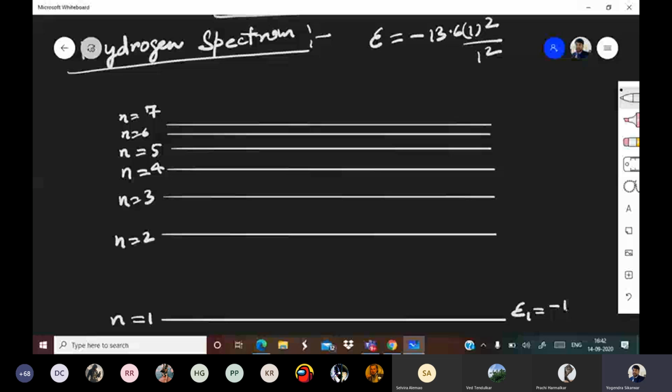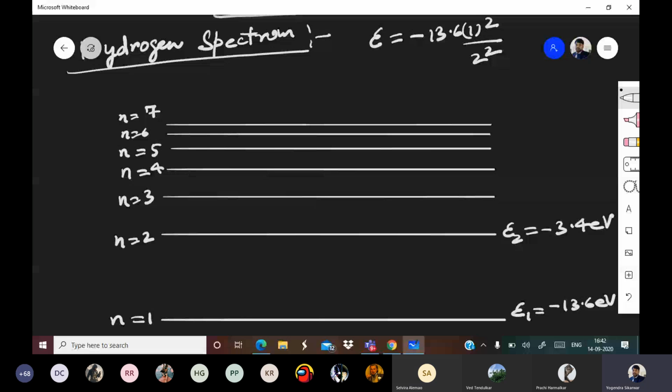Now for n is equal to 2, that will be E2, and E2 will be minus 13.6 upon 2 square. So that will be minus 13.6 upon 4, and that will be minus 3.4 eV.